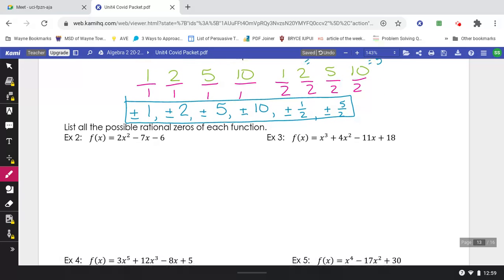All right, so our directions here, list all the possible rational zeros of each function. We're going to start with the P's, the last number. Even though it's a negative 6, we're going to get the pluses and minuses at the end. So the numbers would be 1, 2, 3, and 6. The Q's, any numbers that multiply to make this 2, would be 1 times 2.